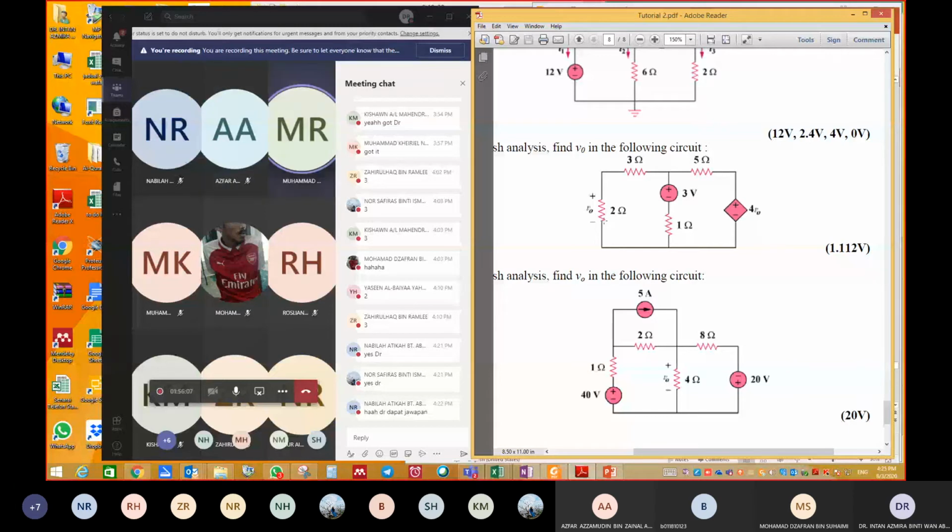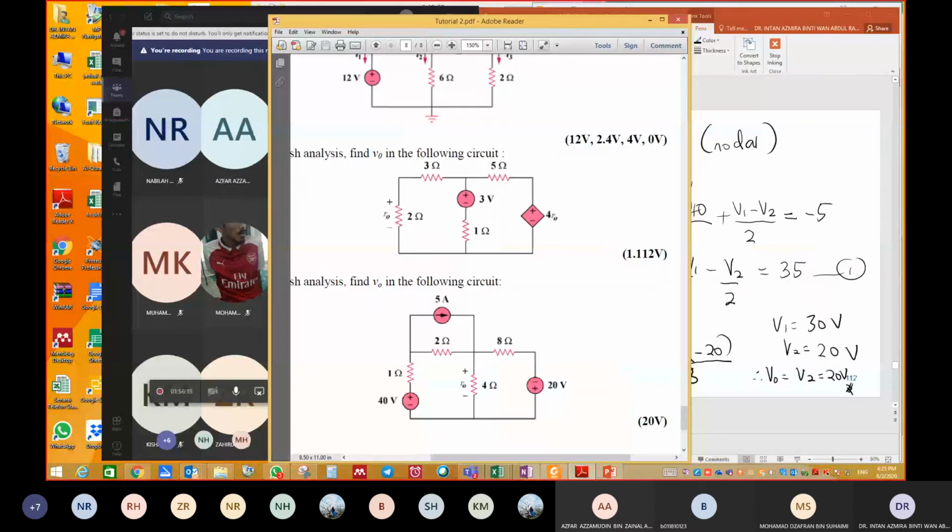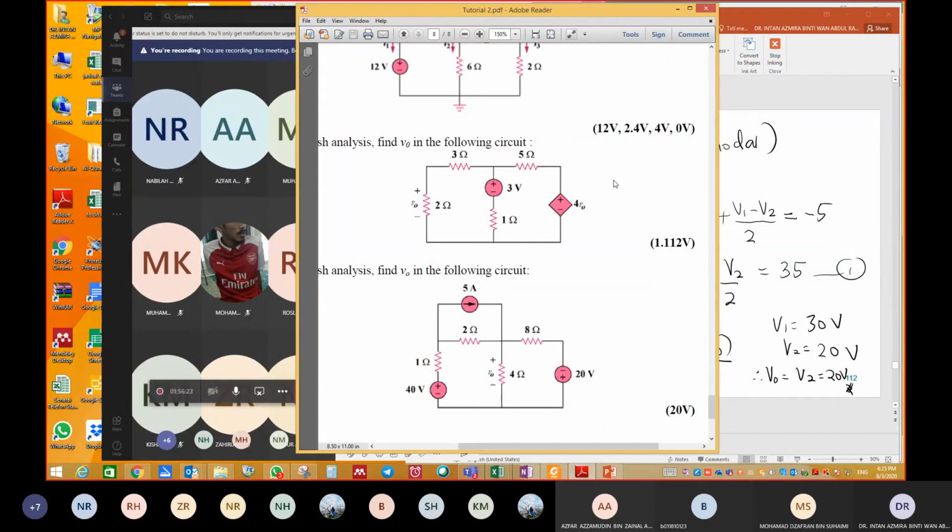Irfan. Voltage divider. Okay. Why voltage divider? In the voltage divider principle, we need a voltage source that supplies that path, right? It is series. So in this path, the voltage source is V1. So V1 will supply this path.